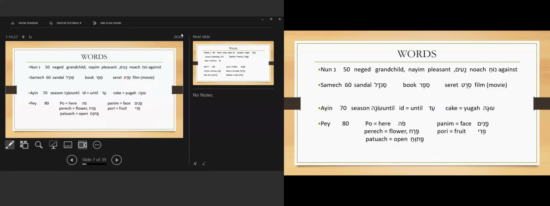Right. Apong is holding his panim. He's holding his face. Apong is holding his face, and it is P, A, N, E, M. The end M. Panim.